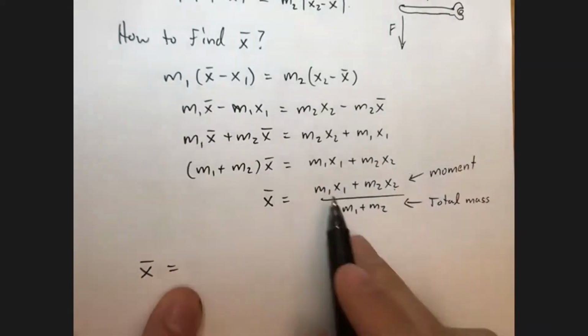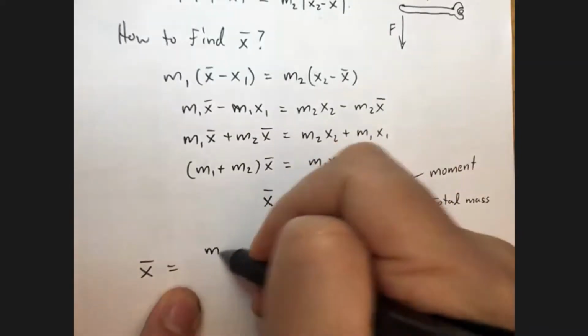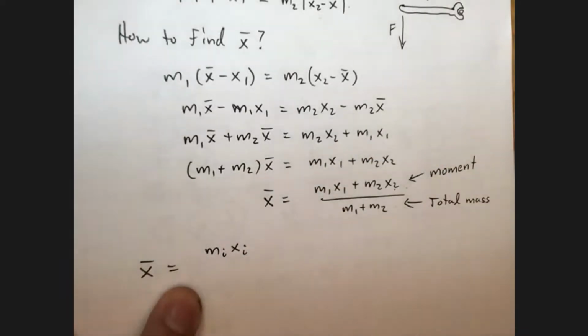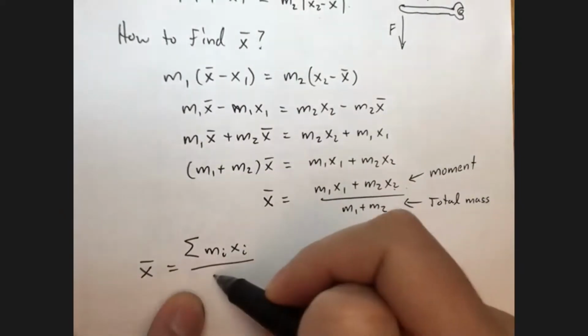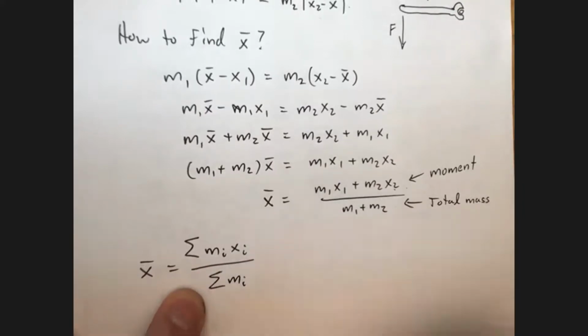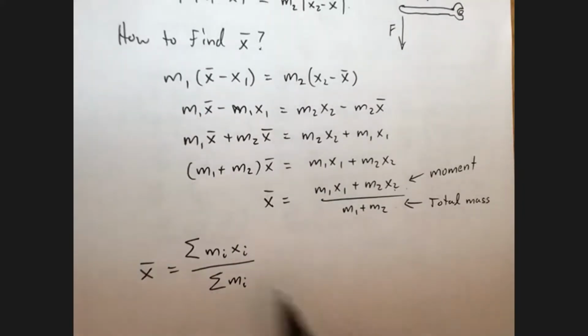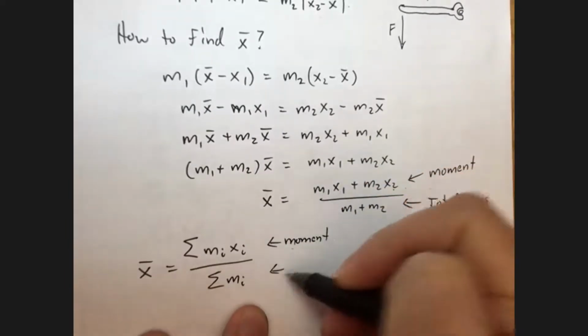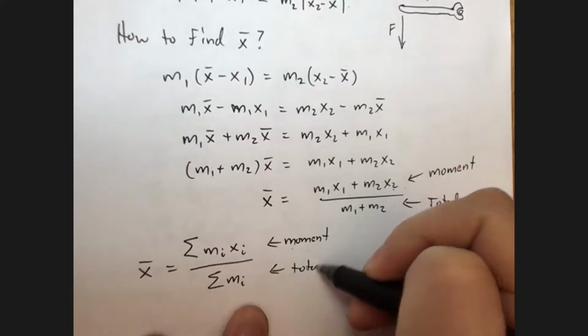You'd take each child's mass and multiply by their position, and then add them all up. And then you'd divide by the sum of all the masses. That's the moment, and that's the total mass, just the sum of the masses.